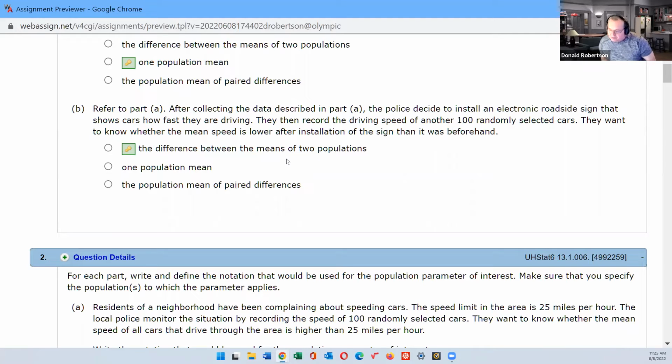So when you do a paired difference, don't you just end up with a single set of data, the average difference between them? So that would be what it would look like. And so you might say, well, how do you treat that? Basically, you take your data and you subtract them and you get a whole list of numbers. And then you treat that list of numbers as a single population.